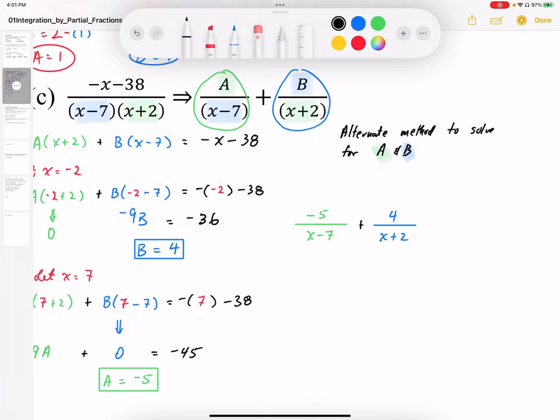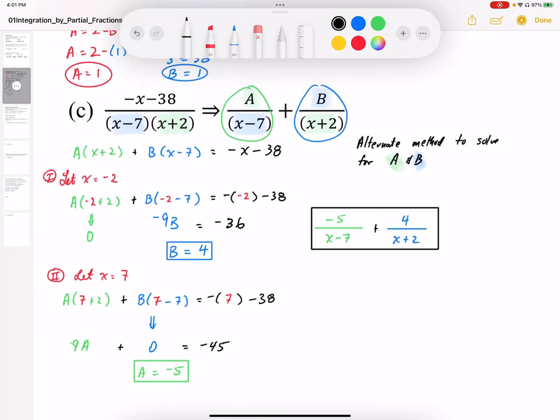And now I've decomposed my fraction into its partial fractions, so negative x minus 38 over the denominators is the same as negative 5 over x minus 7 plus 4 over x plus 2.